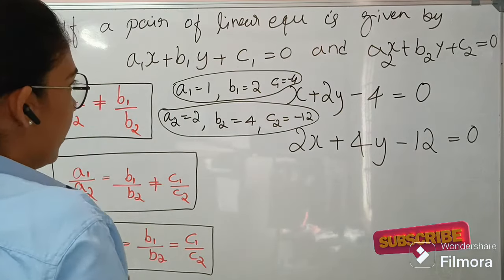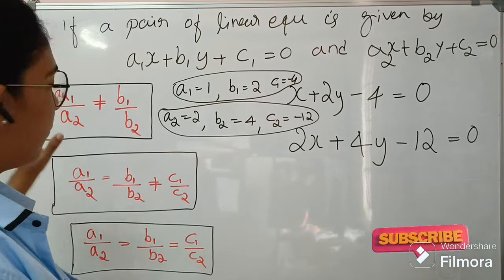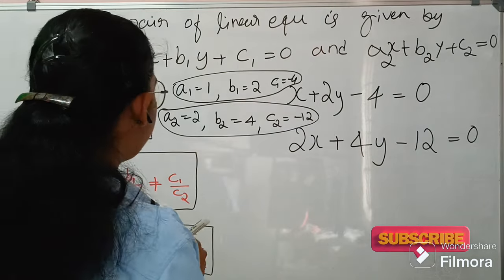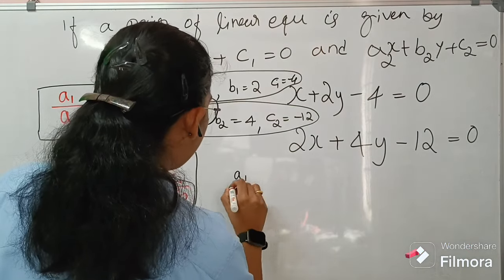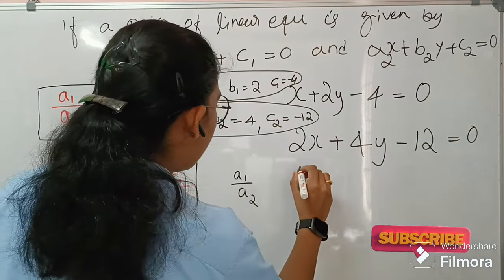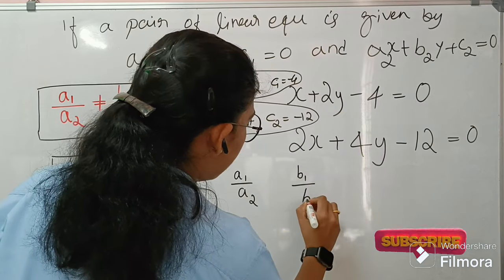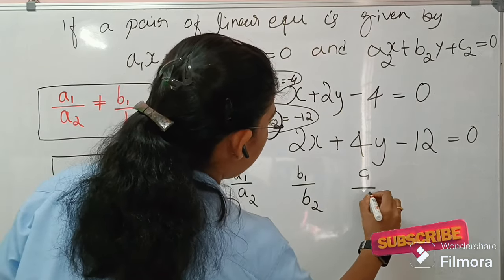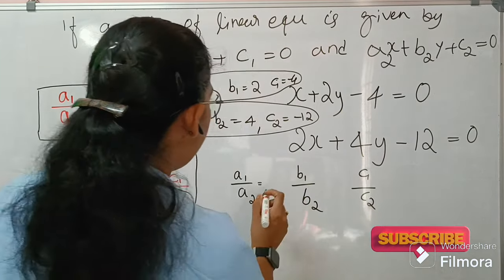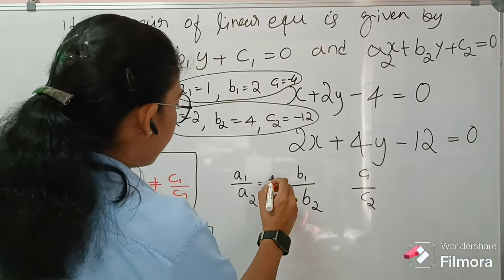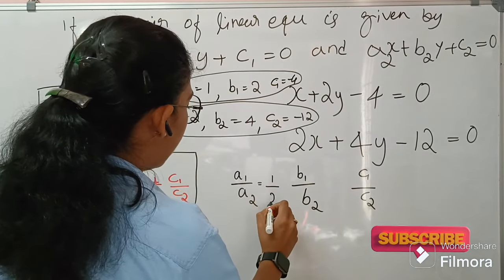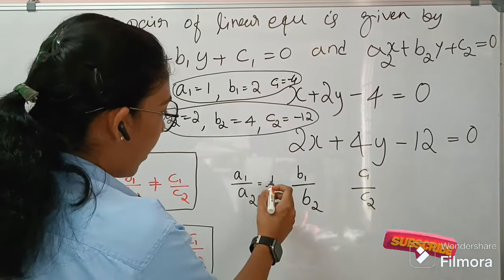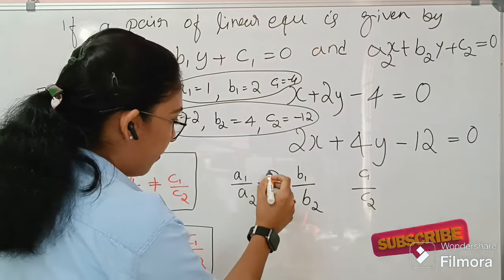Then let's check, first one, a1 by a2, b1 by b2, c1 by c2. What is a1 by a2 in this case? That is 1 divided by a2, which is 2. So a1 by a2 is 1 by 2.